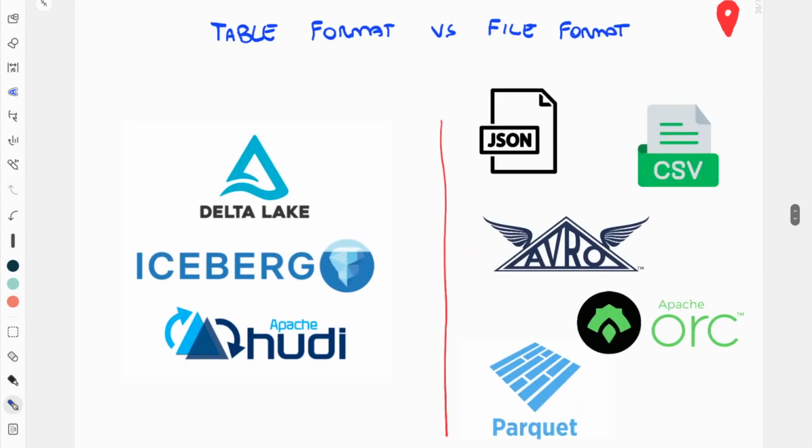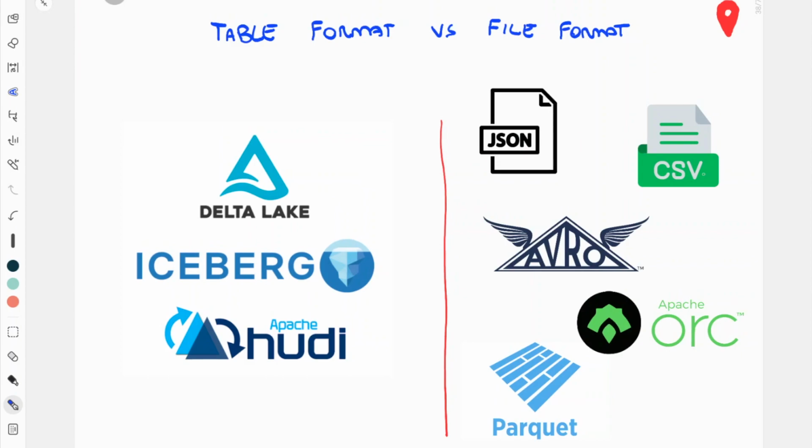Okay, let's give some names, and maybe it's clear for you already, but I'm going to go through the concepts either way. Nowadays we have table formats like Delta Lake, Apache Iceberg, and Apache Hudi. These are all table formats, and we have file formats.